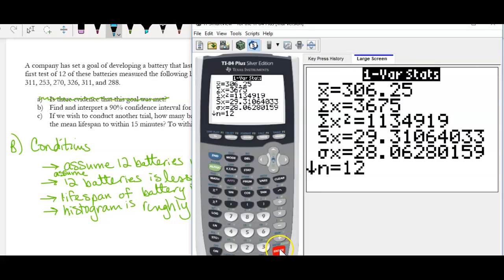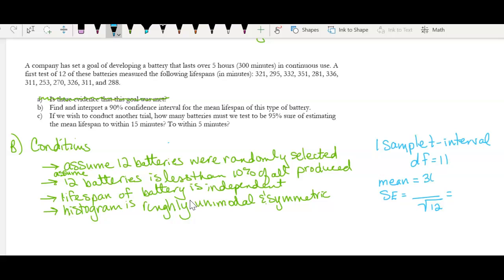And so we get 306.25 and 29.3. Now I need to find out what the standard error is for the sample.